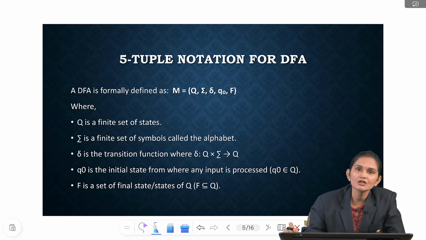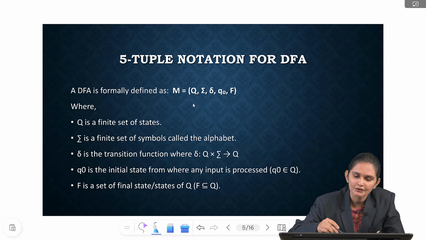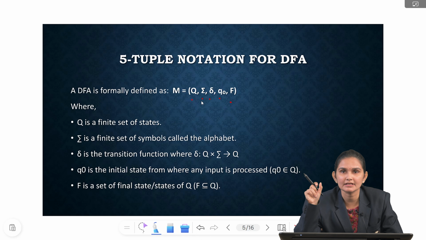The 5-tuple notation for DFA is defined as M equal to (Q, Σ, δ, q0, F). So what is Q? Q is a finite set of states.